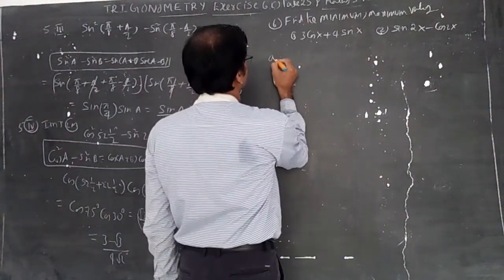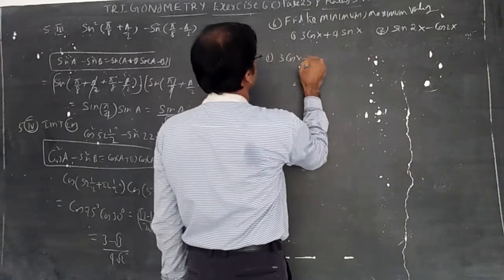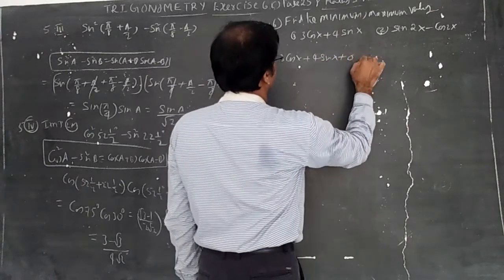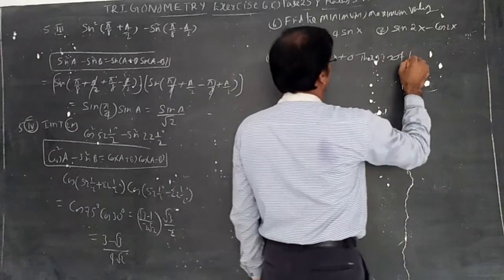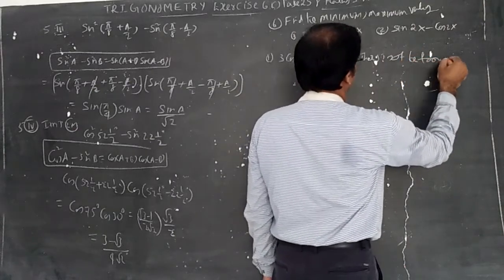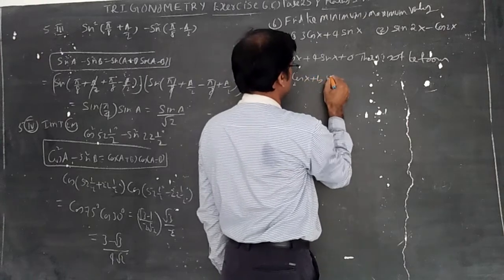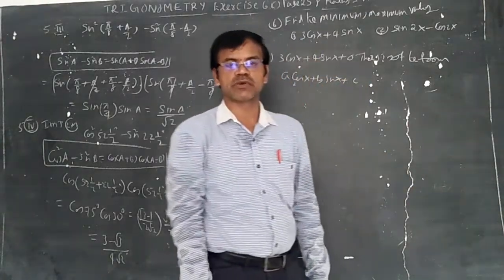Here, first one I am writing 3 cos x plus 4 sin x plus 0. This is of the form A cos x plus B sin x plus C. I said the theorem before going to discuss about exercise 6.